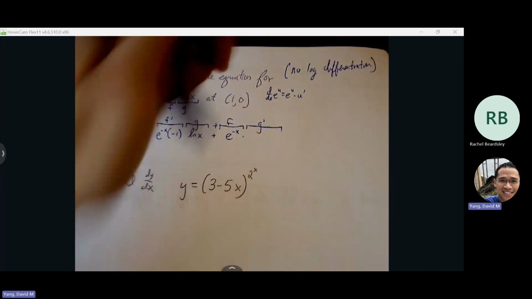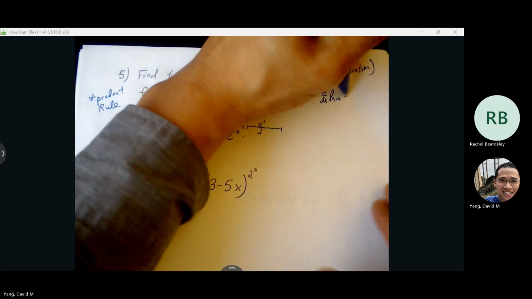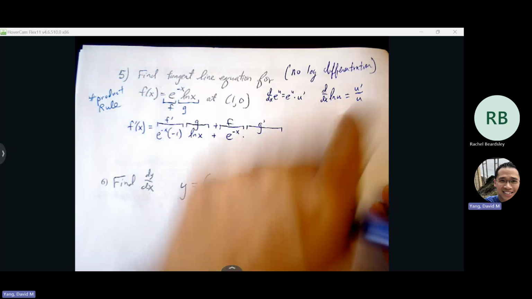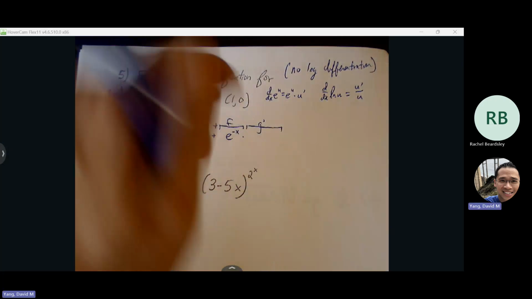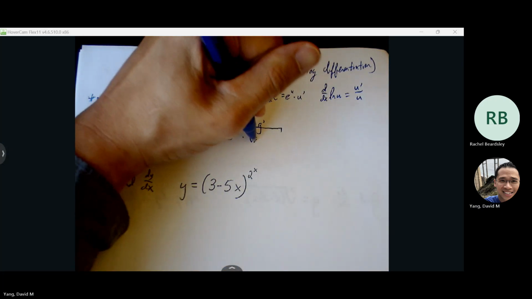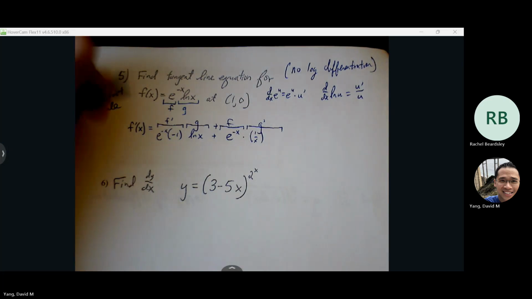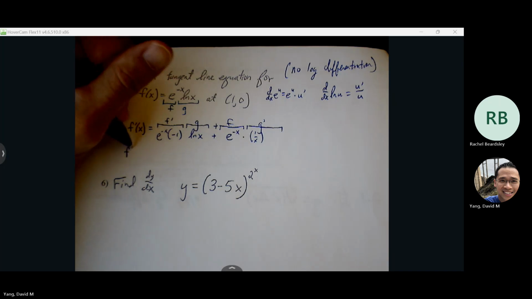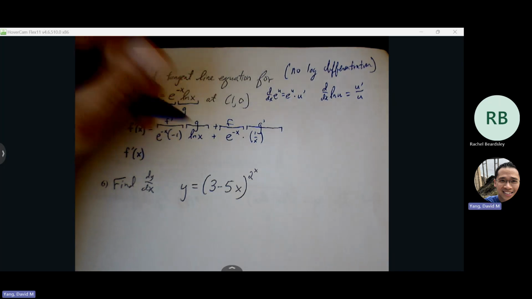And then natural log of x, remember the derivative for natural log of x is simply u prime over u. There's no more ln, just u prime over u, so just 1 over x.